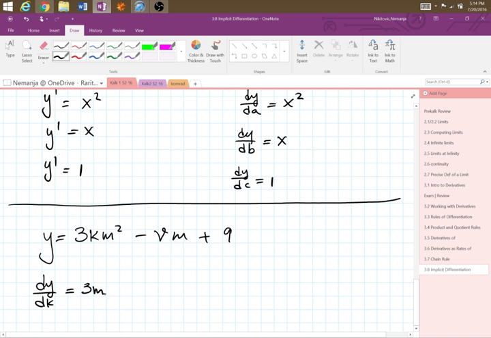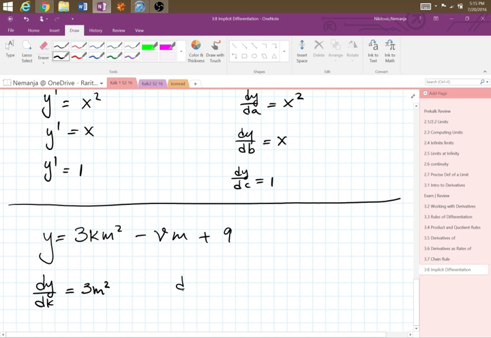Very good. 3m squared, because the derivative of k in respect to k is 1, just like the derivative of x in respect to x is 1. So now, the derivative of that term, k, would be 1, and then you have 3m squared. No k terms, no k's in the second and third term, so they're both constants. They go to 0.